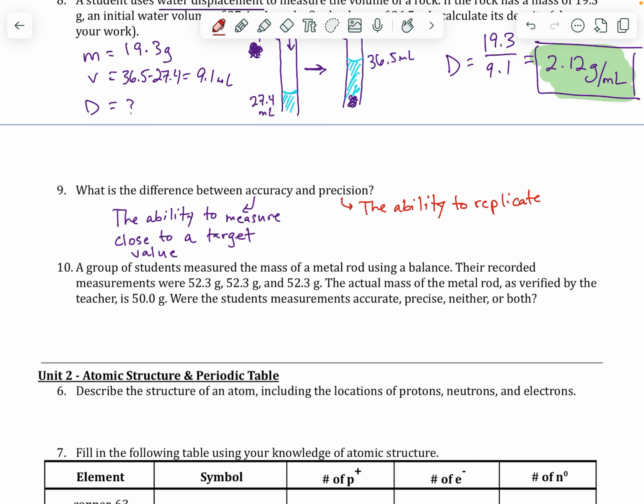It could be either exact replication or very close, within a few degrees, a few decimal places. The ability to replicate measured data. And so we can say very close to one another.